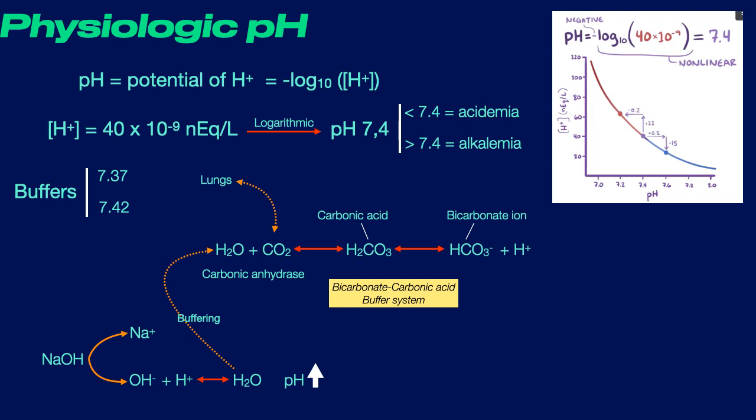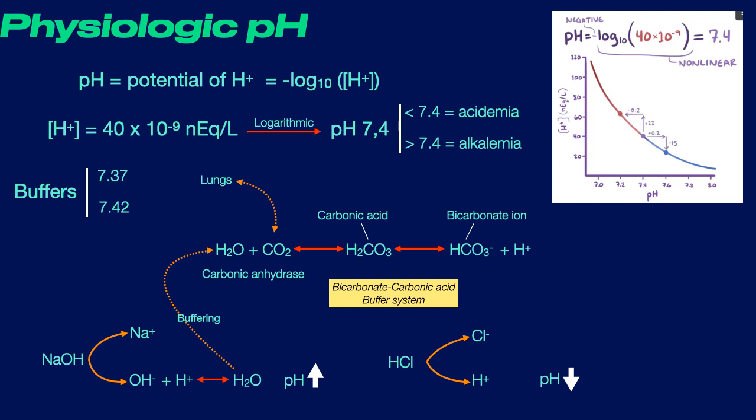On the other side, imagine adding hydrochloric acid into the fluid, which is a strong acid. It would fully dissociate into hydrogen ions and chloride ions. Without a buffer, this would cause it to become acidic, since there are more hydrogens and therefore the pH would go down.